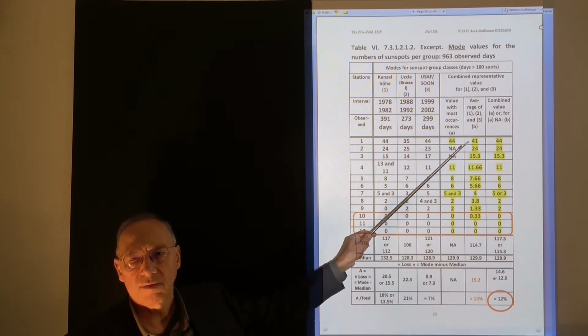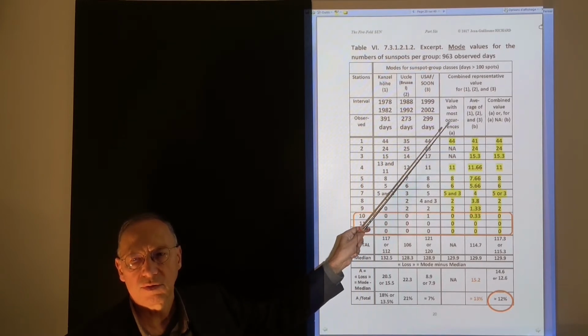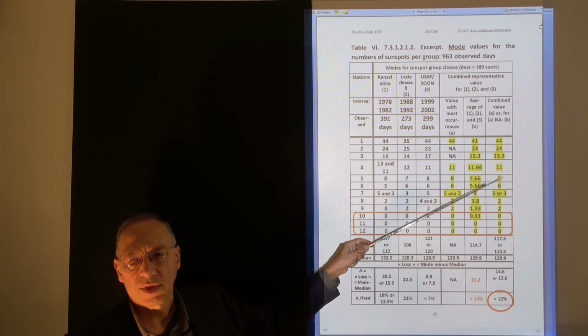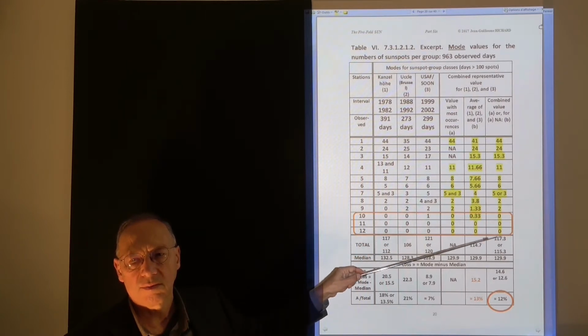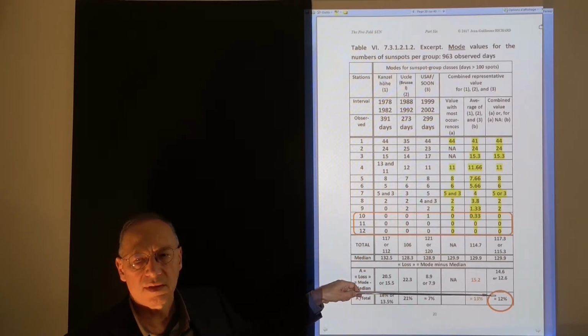We can make an average of the 3 stations, and we can combine these two estimates in this last column. Here is the deficit, minus 12%, and the mode for the total compared to the median for the total.